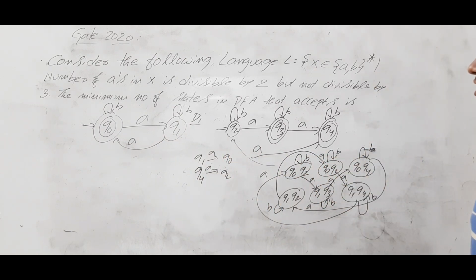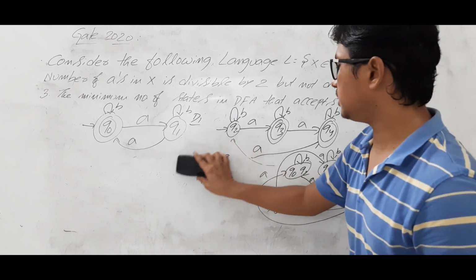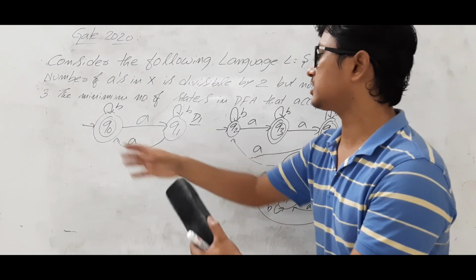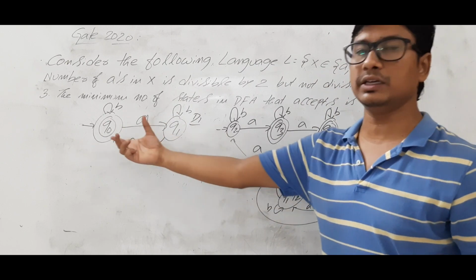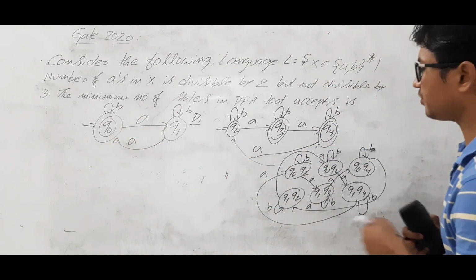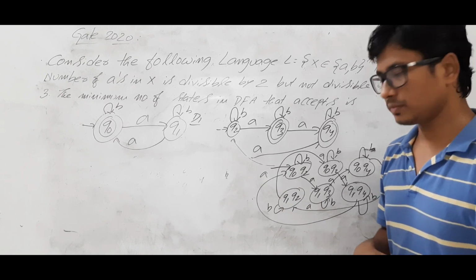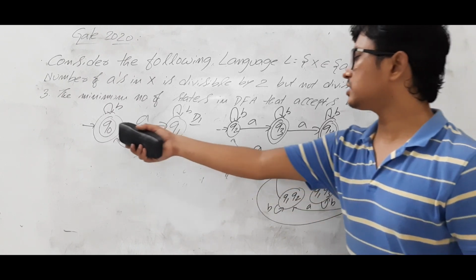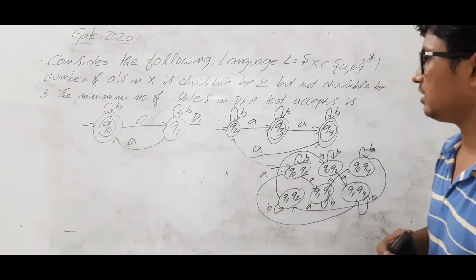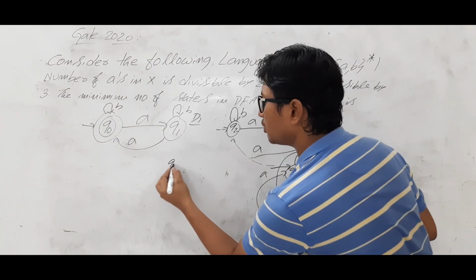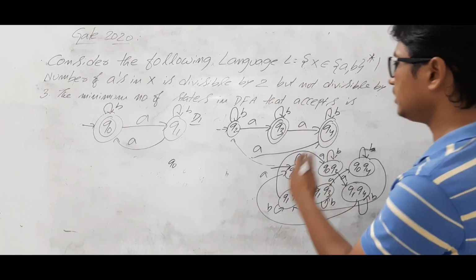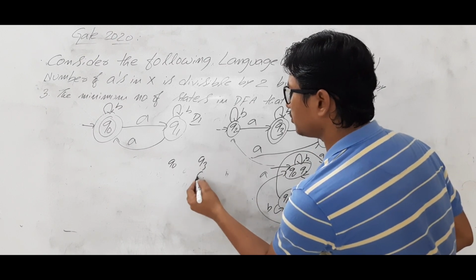So now what is the initial state? What are the states which are acting as an initial state here? Q0, Q2 are the initial state. So in this DFA, Q0, Q2 will act as the initial state. Now what are the states acting as final states here? In one DFA you have Q0 as the final state, and in the other DFA you have Q3, Q4.